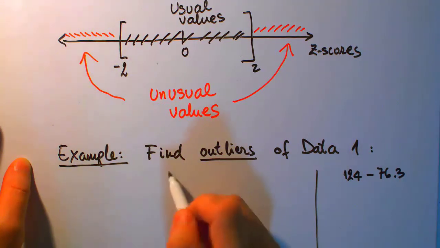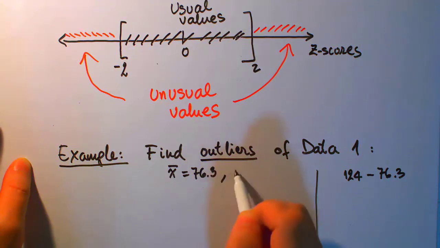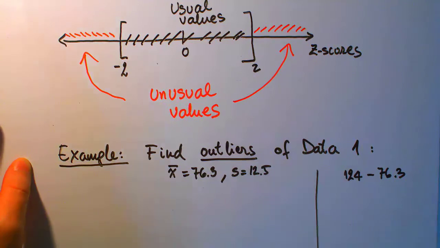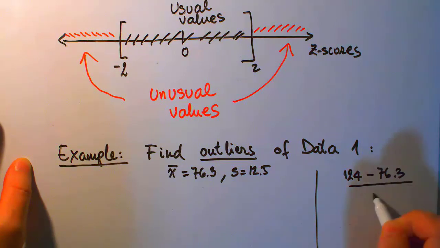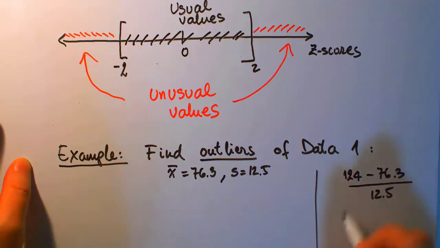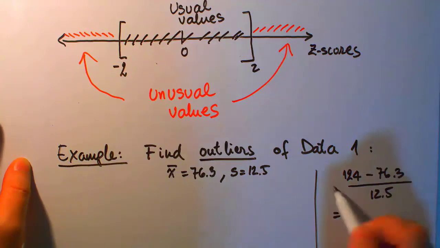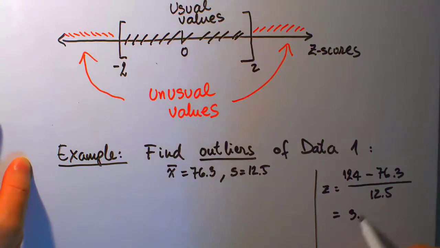Another reminder that our data 1 has a mean of 76.3 and a standard deviation of 12.5. So 124 take away 76.3, divided by 12.5. My z-score for 124 is 3.82.